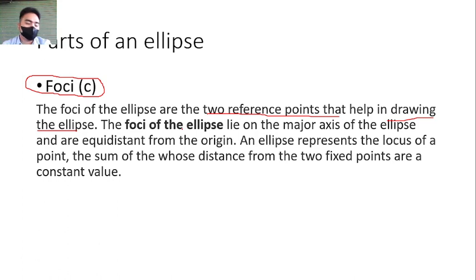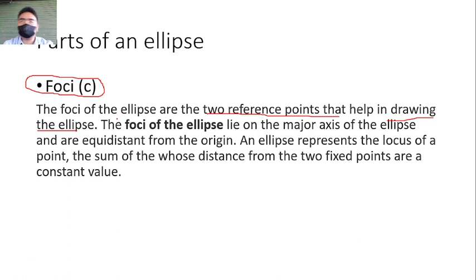If you say two reference points, one reference point is called a focus. If you have two reference points for your ellipse, that is called foci. But if you have one reference point, that is what we call a focus.